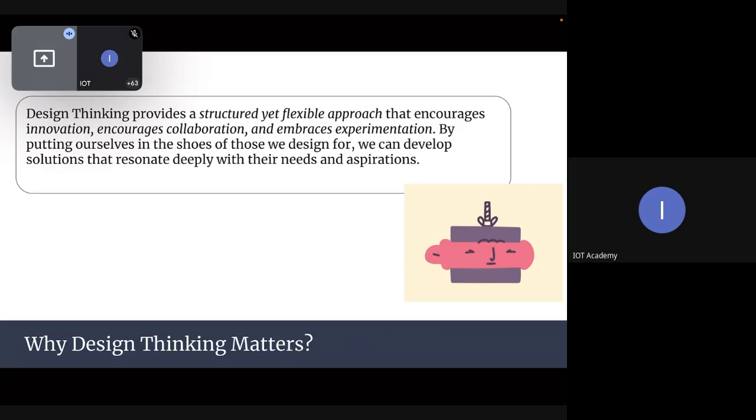And we develop solutions that resonate deeply with the needs and aspirations of the users. And that is why design thinking is such a powerful tool to solve problems. That is why it matters, because it gives you a structure along with flexibility, and it is user centric, it is human centric.